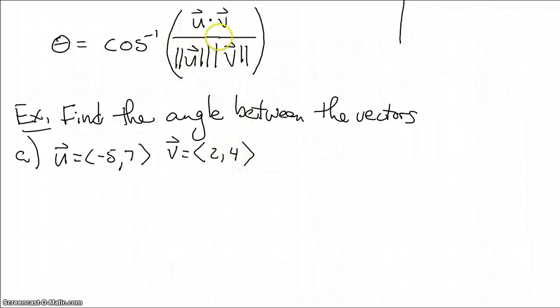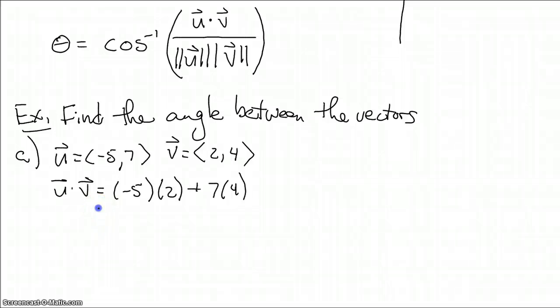Alright, so here's my formula up here. We need the dot product, so let's do that. So I have u dot v is going to be negative 5 times 2, multiply the x components, plus 7 times 4, so that's going to be negative 10 plus 28, or 18. So that's u dot v.